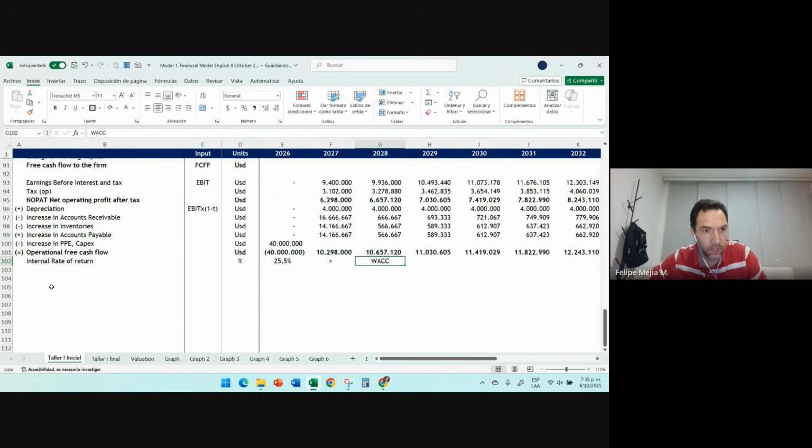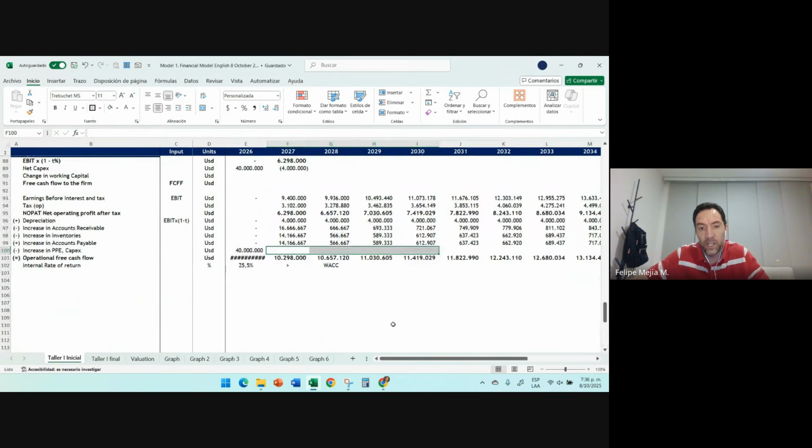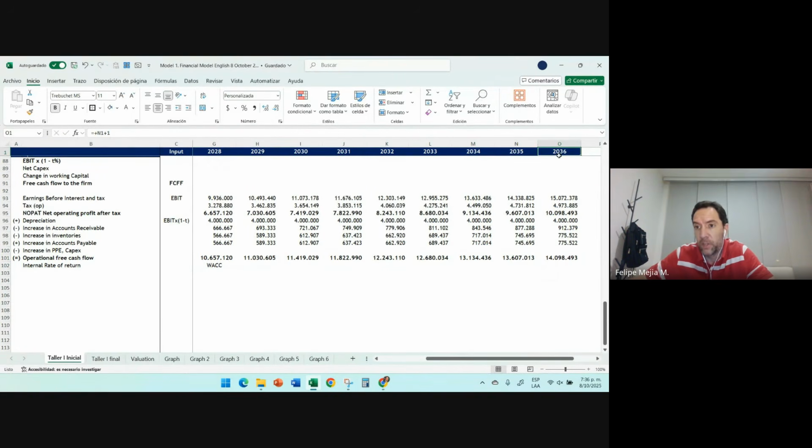In this particular case, we have somewhat of a difficulty in this model. For instance, we don't have recurring capex, and also we need to ask ourselves, what happens if after 2036 we have an operational cash flow of $14 million?